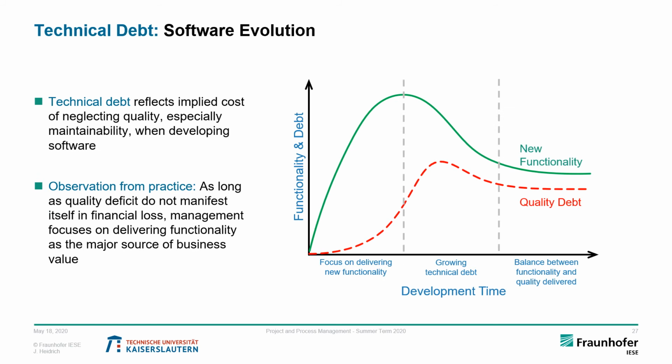Towards the end of this learning module, I want to highlight one additional topic, which is technical debt. Technical debt basically reflects implied cost that comes from neglecting maintainability when developing software.